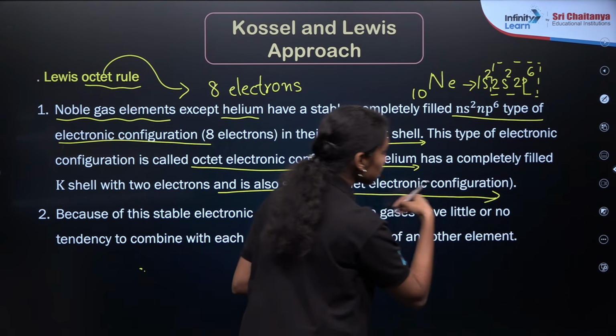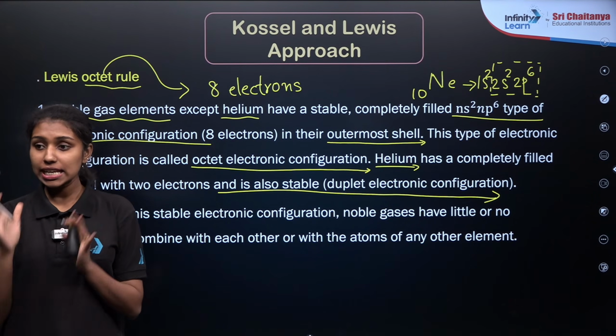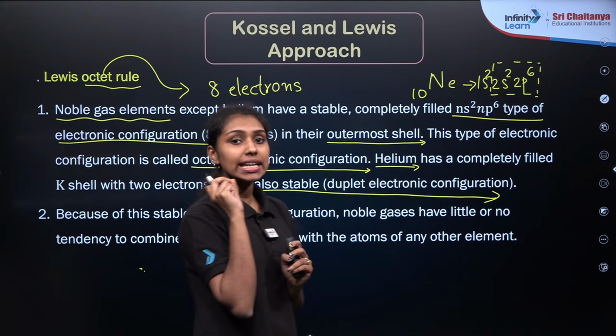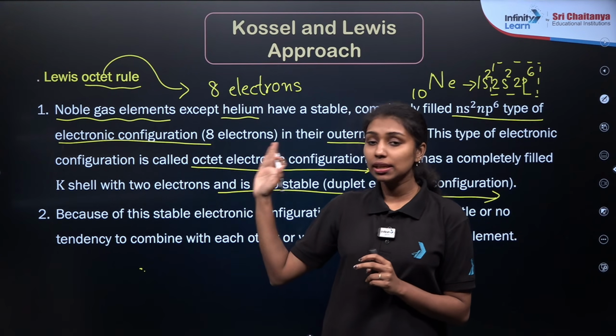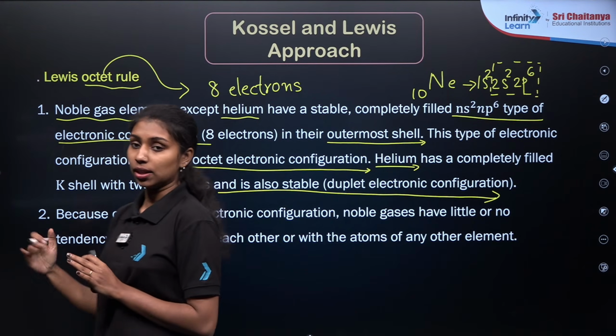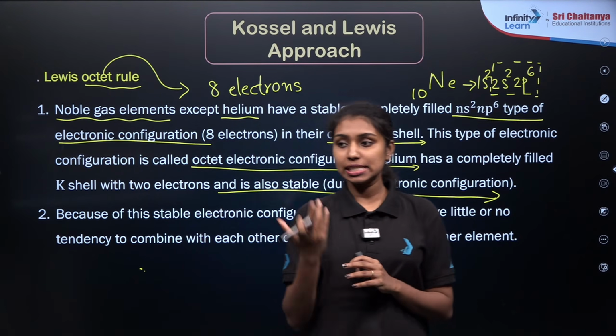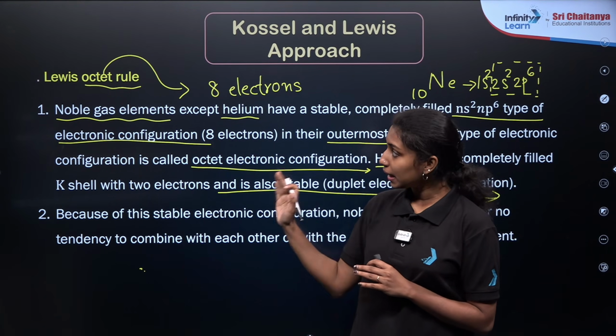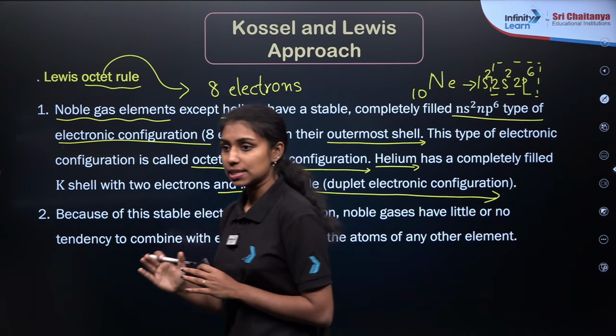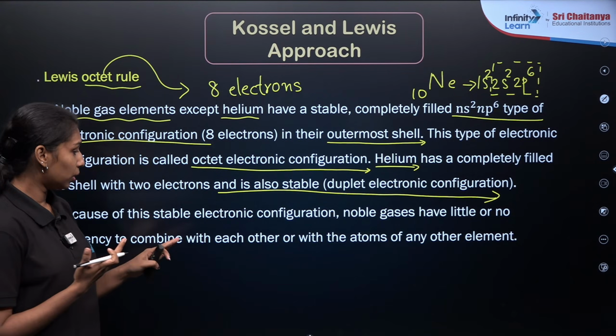These are the main important points regarding the Lewis octet rule. In general, the octet rule means 8 electrons in the valence shell, except helium in the case of noble gas configuration. So in general, all the atoms are either sharing or transferring electrons to attain stability by getting 8 electrons in their valence shell. It is the basics of the octet rule.